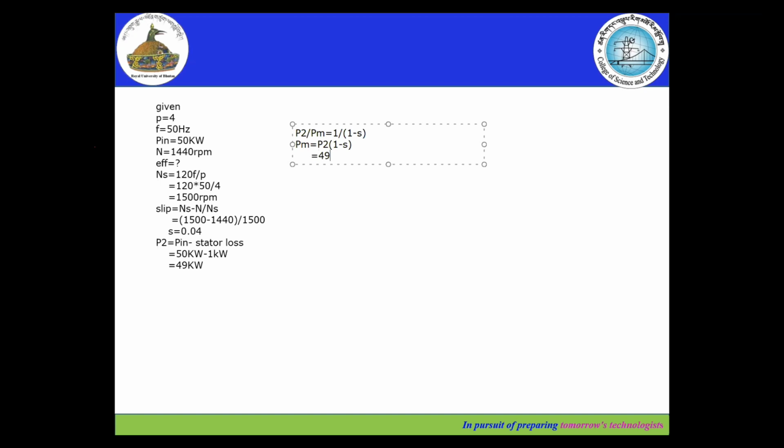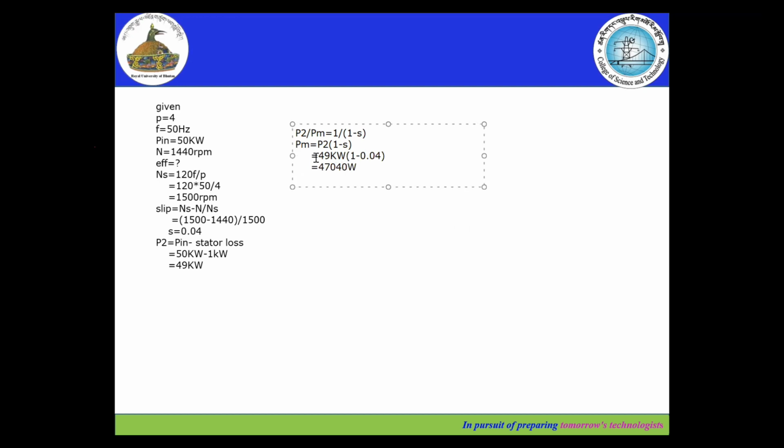And from here, 1 minus the slip, which is 0.04. From here, we can get the value of Pm, which is equal to 47,040 watt.